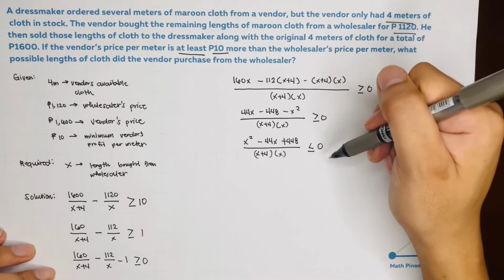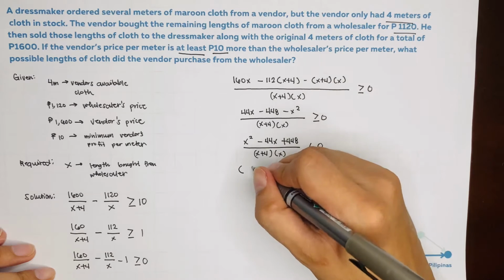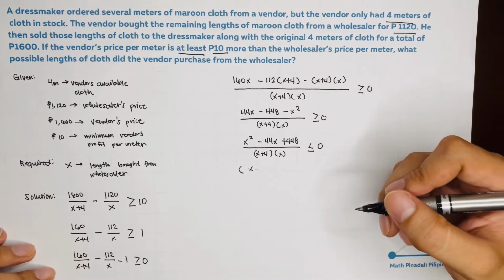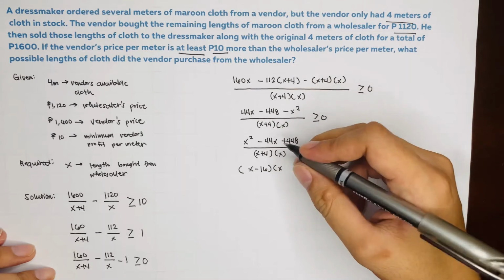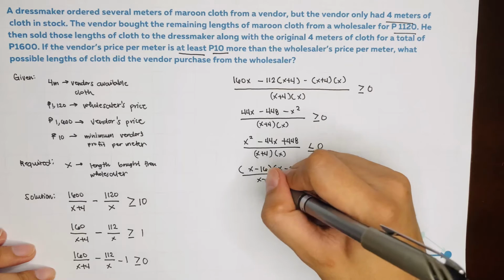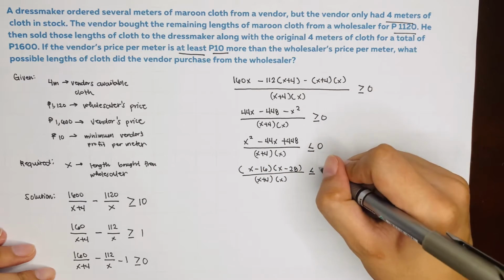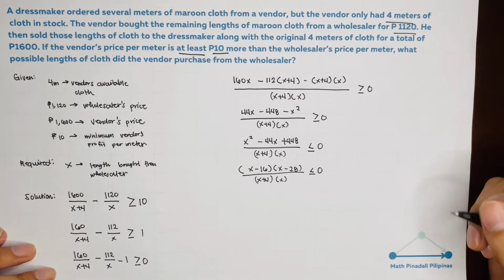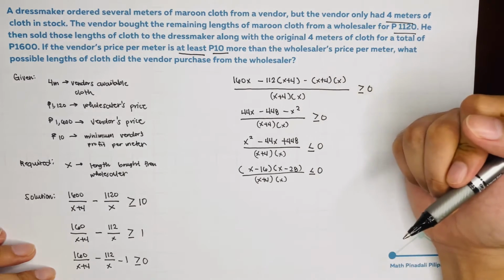Then factor out natin, we have x minus 16 times x minus 28 over x plus 4 times x is less than or equal to 0. Okay, pinactor out natin yung numerator natin. Yung denominator, naka-factor na rin siya.